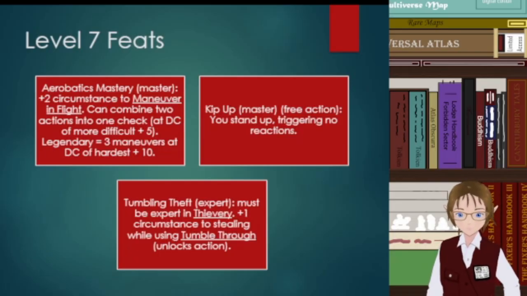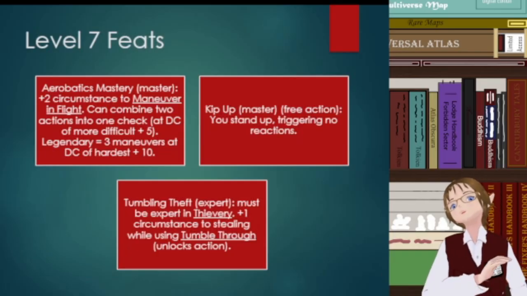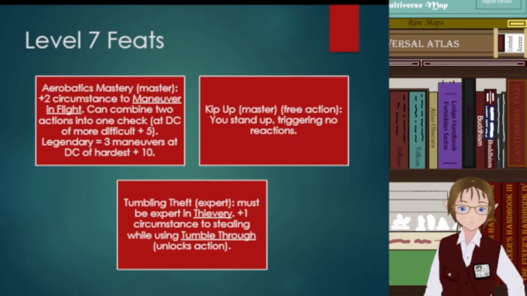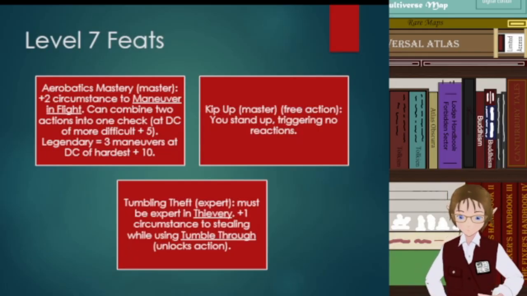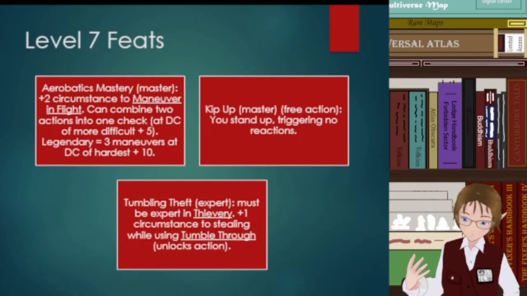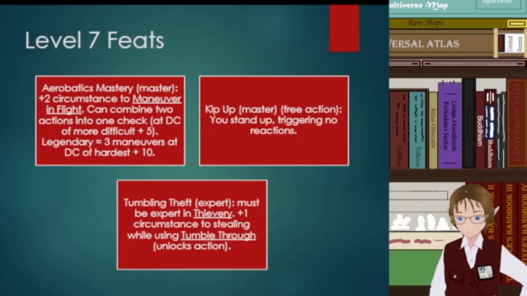This is the one that requires Expert proficiency in Acrobatics. However, it also requires Expert proficiency in Thievery. So the likeliest characters to get this ability are Rogues or Investigators, or similar classes with large amounts of skills and a dexterity focus in many cases. The way it works is when you tumble through an enemy, you can try and nick something off them.